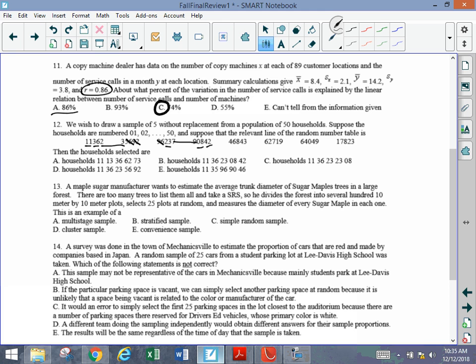Oops, we can't count that one either. There are two 23s, and we can't do 23 twice, right? So 11, 36, 23, 8, and 42.